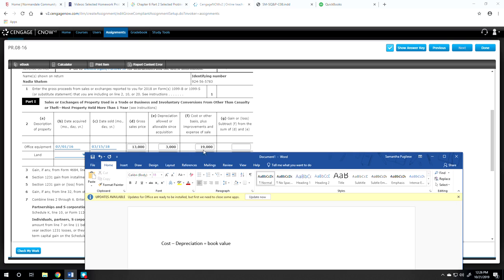So cost is 19 minus depreciation gives us a book value of 16.